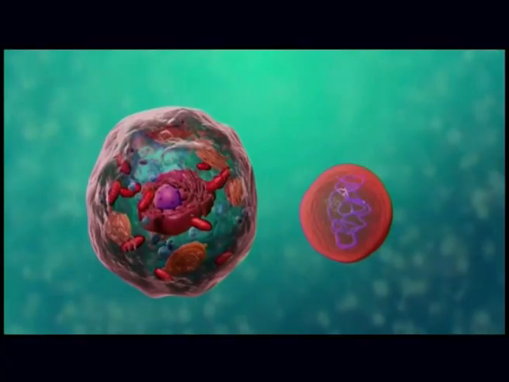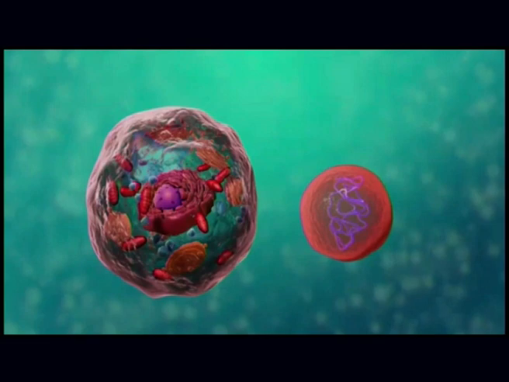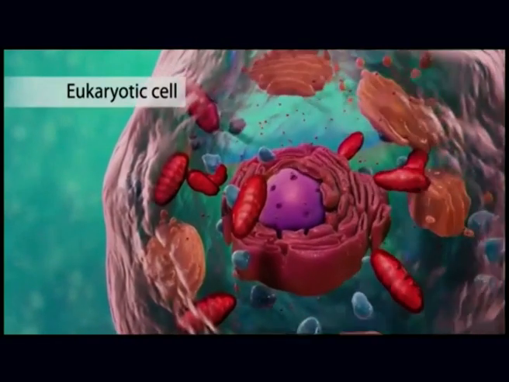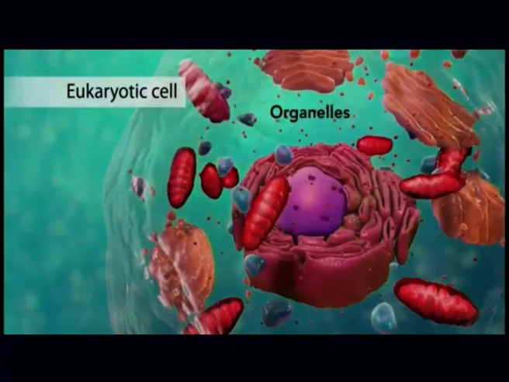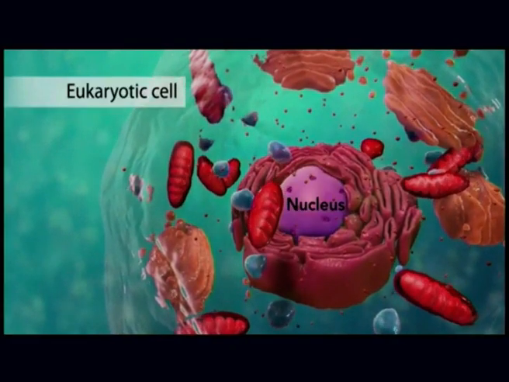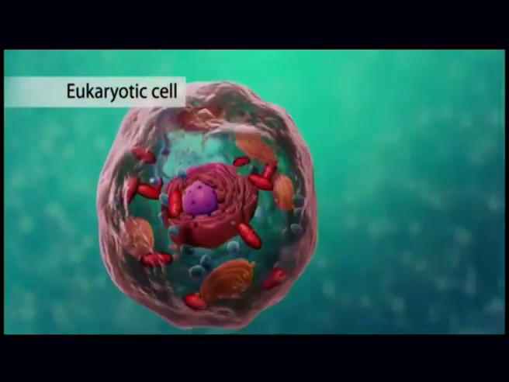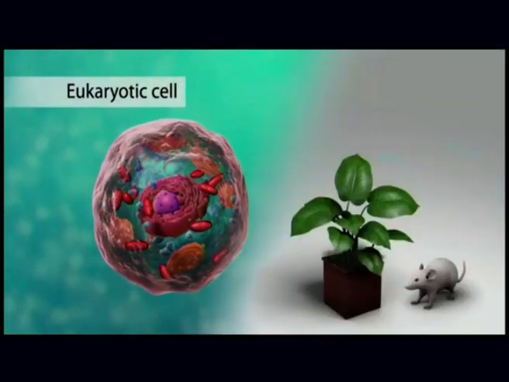Now, let us learn about eukaryotic cell and prokaryotic cell. Eukaryotic cell. In a eukaryotic cell, the nucleus is covered by the nuclear membrane. These types of cells are seen in plants and animals.